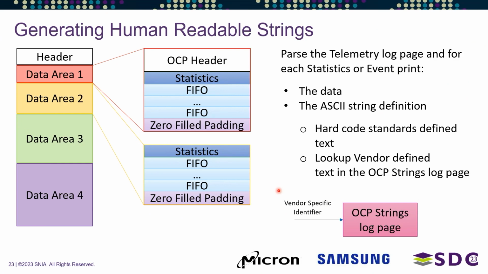Data areas 3 and 4 are still opaque and still could be as much information as the vendor would like to do, but there's no way to read it out and print it out in a human readable form. So if your device is in a data center that says no opaque data ever leaves the data center, you can never get that data. So data areas 1 and 2 are now going to be formatted so you can get the data.